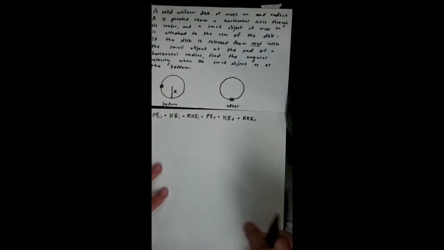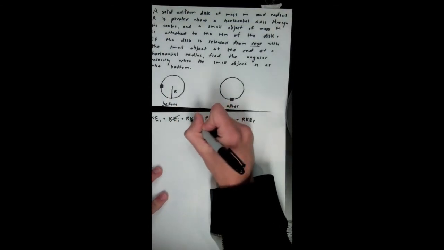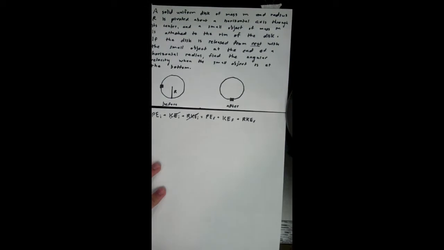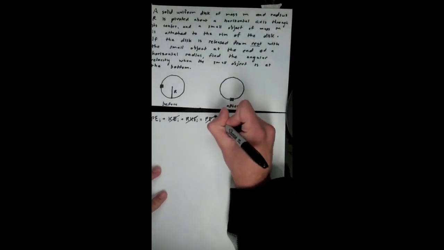So we know that the initial kinetic energy and the initial rotational kinetic energy are both zero at the start because the system isn't moving. And we know that the final potential energy is zero because we said so. I mean, the potential energy is relative to that point.